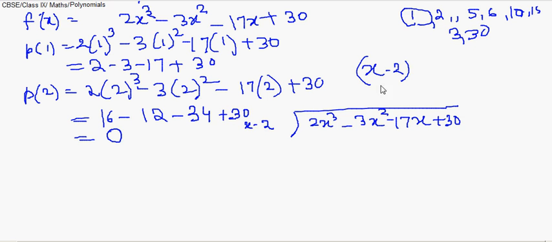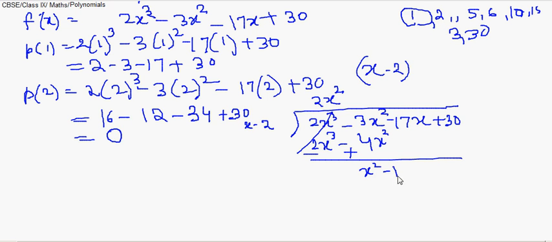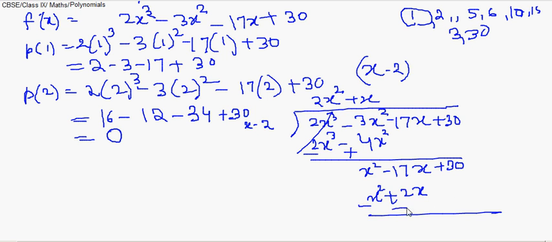Once you divide it, that will give you 2x square. If I give you 2x square, that's remaining with 2x cube minus 4x square. That's leaving us with x square minus 17x plus 30, plus x, so we get x square minus 2x.